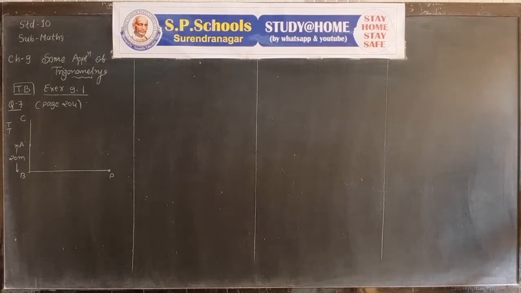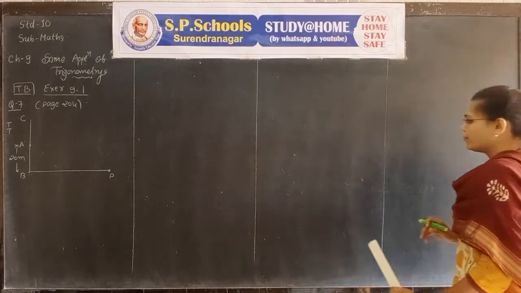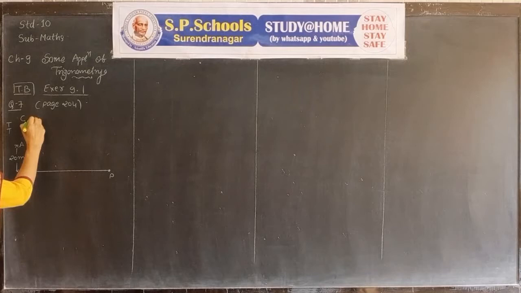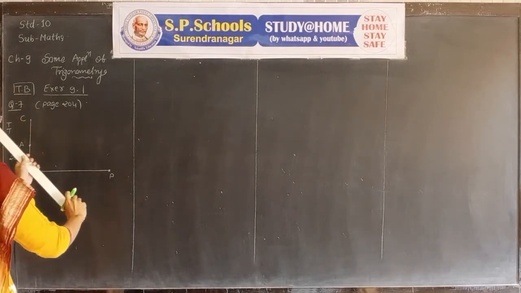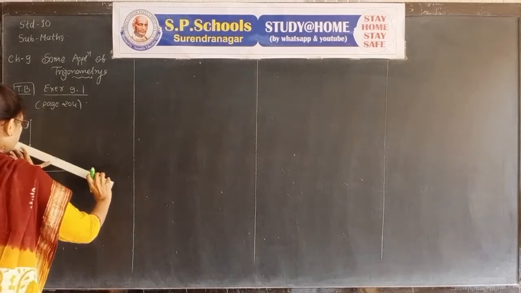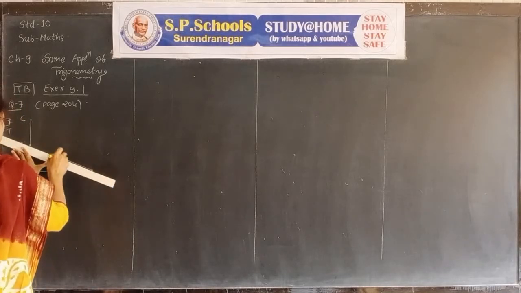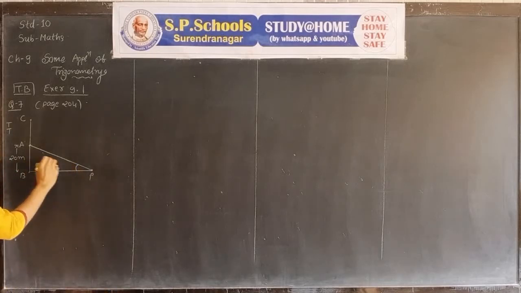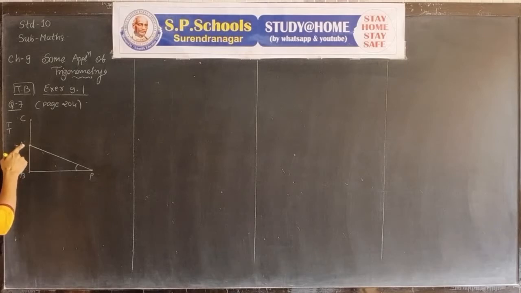From where? From a point on a ground, the angle of elevation of bottom and top of the transmission tower. The bottom of the transmission tower is A and the top is C. From point P to A is the line of sight, and PB is the horizontal, so angle APB is the angle of elevation for the bottom of the transmission tower.